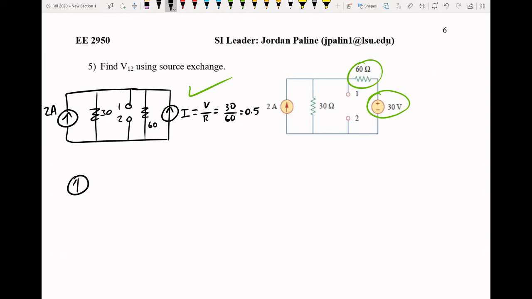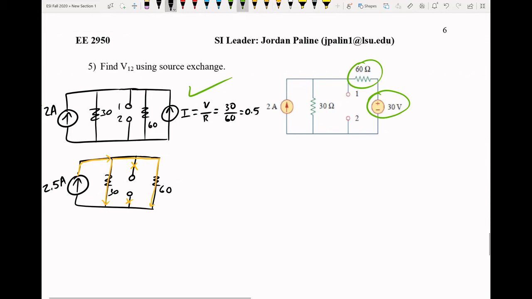We will come over here and do 2.5 amps. 30 and then 60. Okay, and then all we need to do to determine the voltage across these is determine the current that goes through either one of these resistors, and we'll need to do a current division for that.